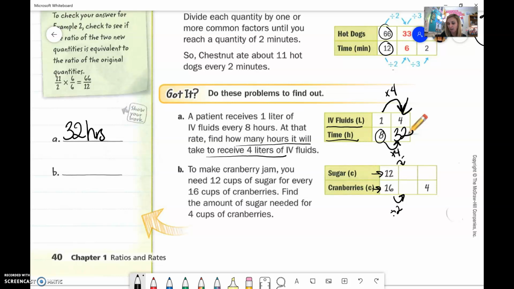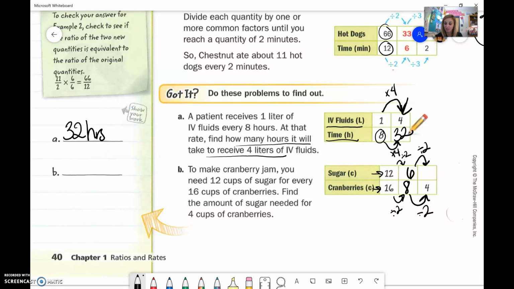So whatever I do to the top, I have to do to the bottom. So 16 divided by 2 is 8. 12 divided by 2 is 6. So for every 6 cups of sugar, I now have 8 cups of cranberries. How do I get from 8 to 4? 8 divided by 2 is going to give me 4, so therefore whatever I do to the top, I have to do to the bottom.